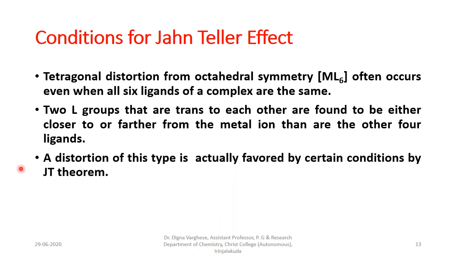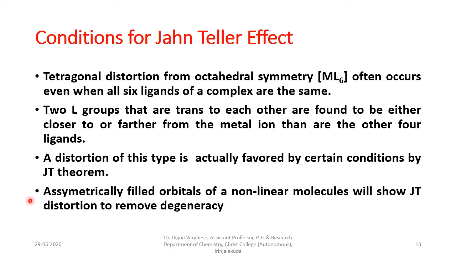A distortion of this type is favored under certain conditions by the Jahn Teller theorem. By this distortion, according to the Jahn Teller theorem, the symmetry reduces to lower symmetry, the energy reduces from higher to lower, the molecule attains stability, and the degeneracy is removed from the system.